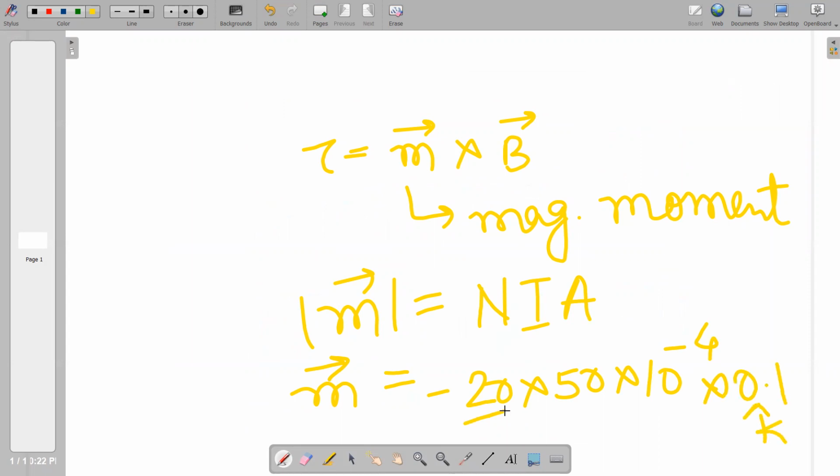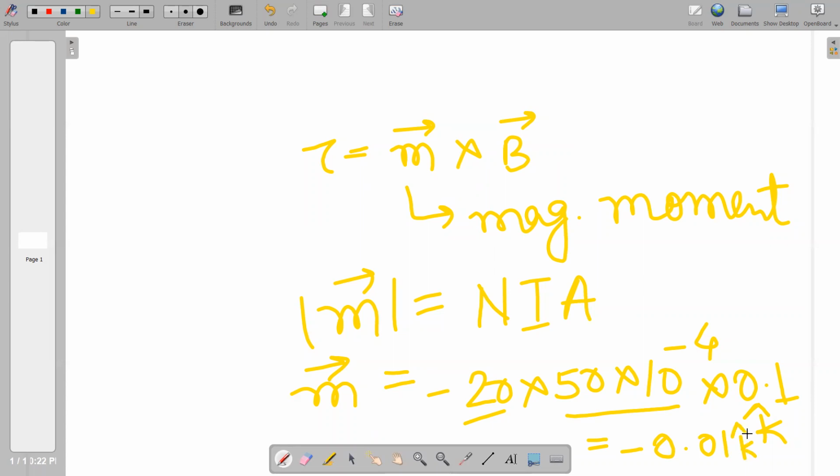Here 20 is the number of turns and 0.1 is the current, and 50 into 10 raised to minus 4 meter square is the area. So magnetic moment comes out to be minus 0.01 k cap.